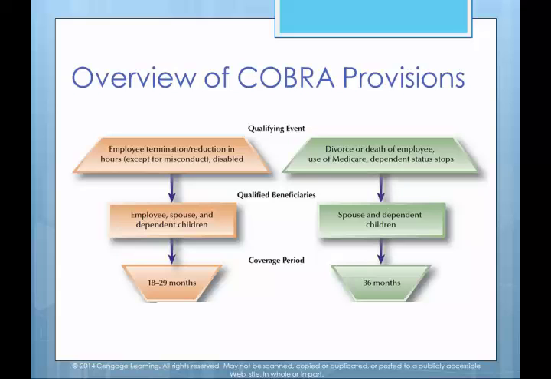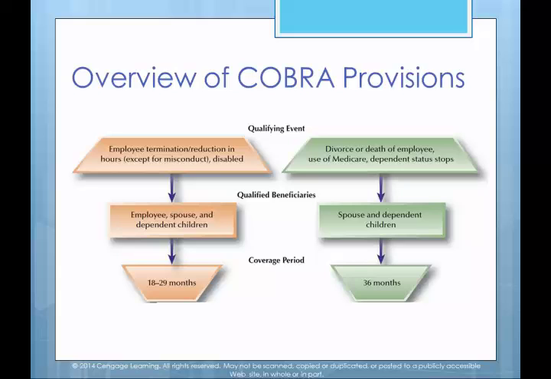So, the employee who voluntarily quits or is terminated, has a reduction in hours, or becomes disabled, and the employee's spouse or dependent children as beneficiaries, get 18 to 29 months, depending on the situation.